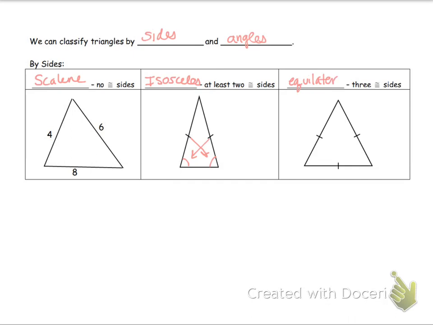Equilateral is also equiangular, so all the sides are congruent and all the angles are congruent. Since we have 180 degrees in all of the angles added up in a triangle, if all of them need to be the same, then these are all going to be 60.